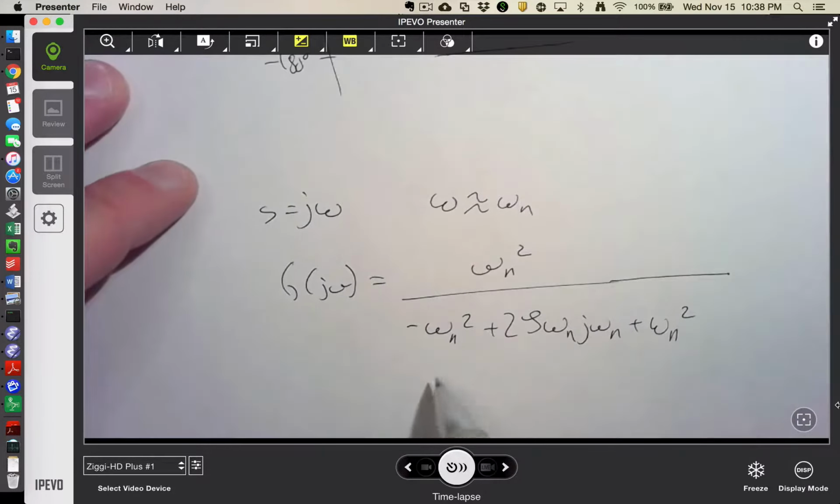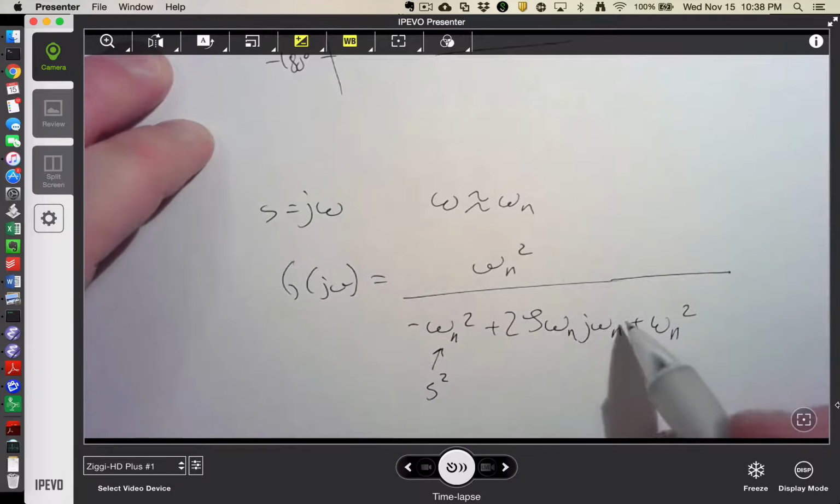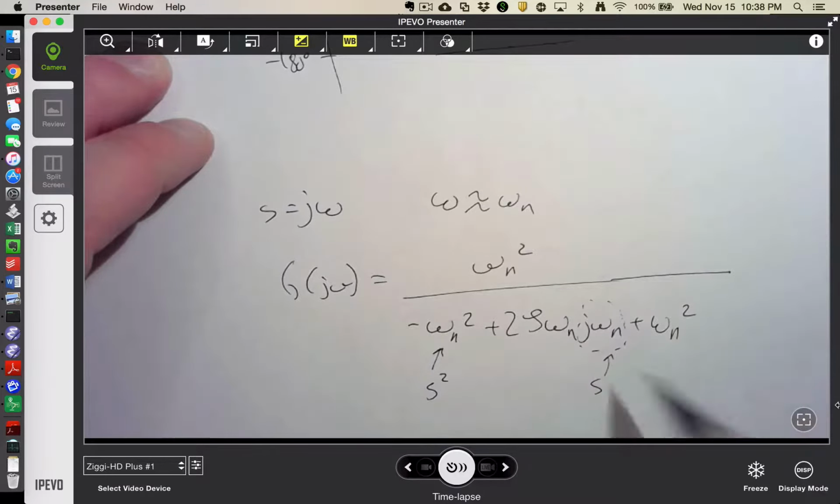So all I'm doing is substituting in j omega for S in my S squared term and in my S term.